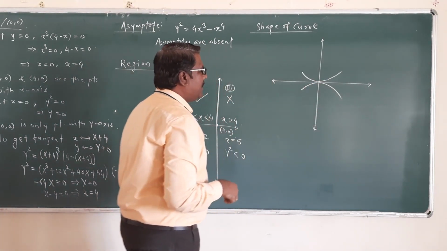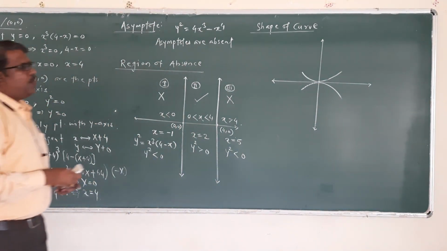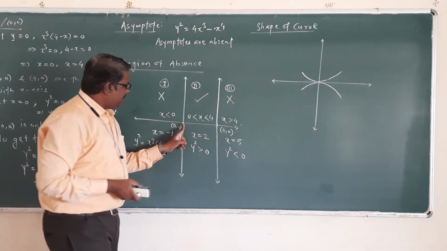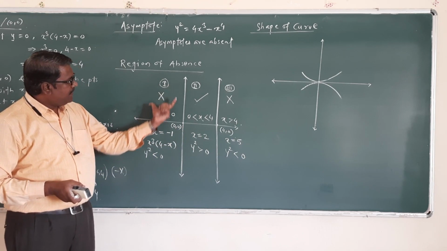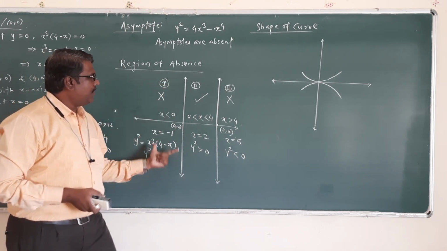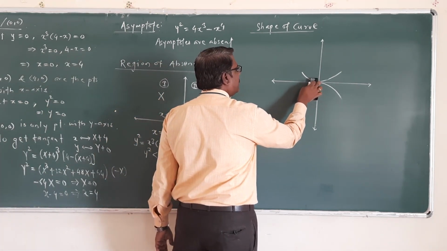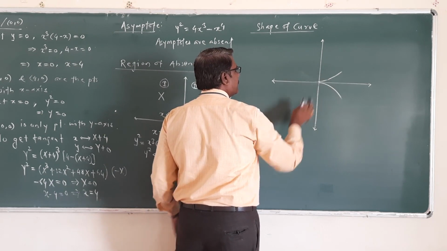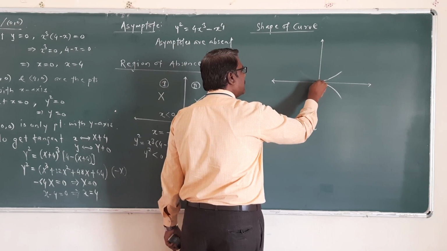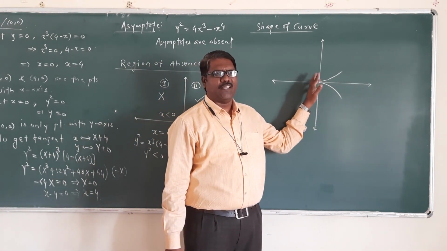But before the origin, in this partition, the curve is absent. So here the curve is absent, and therefore I will erase this part of the curve. And such a part of the curve at the origin is called a cusp.